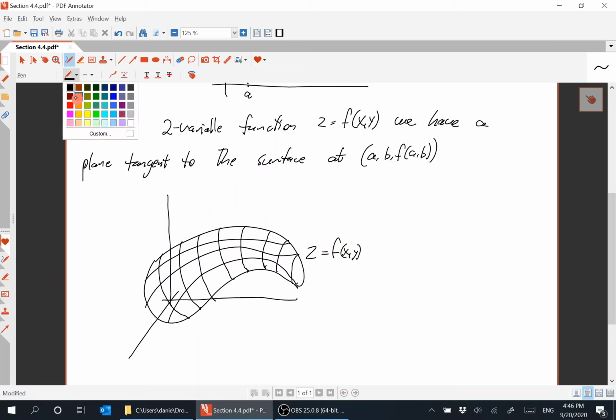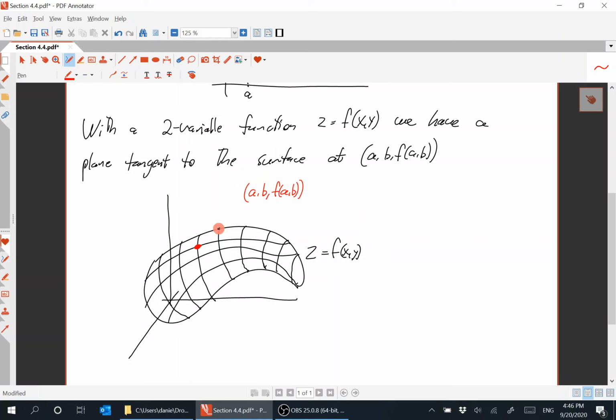And a given point on this surface, right here, the coordinates of that point are x equal to a, y equal to b, z equal to f of a, b. So that's that point right there.